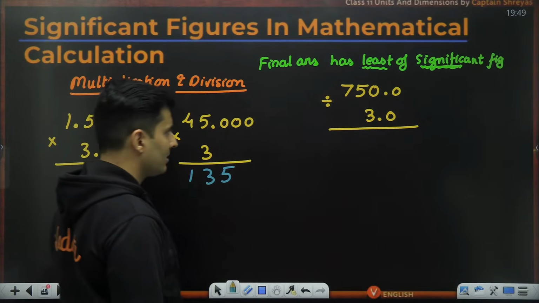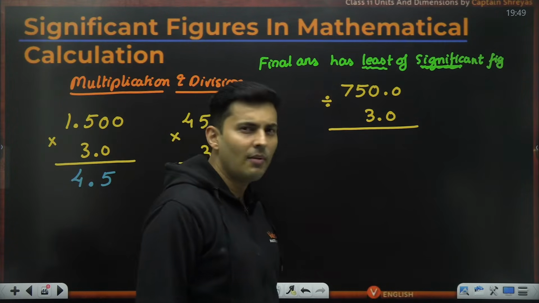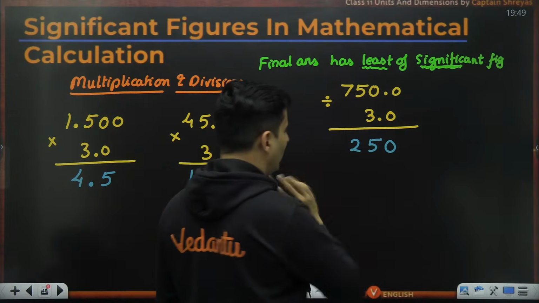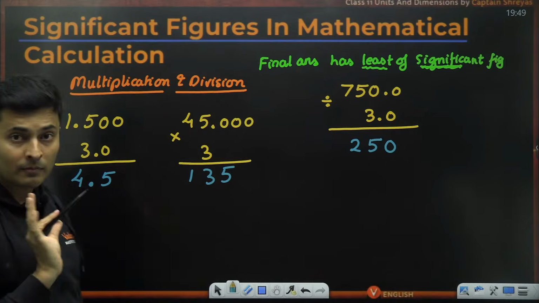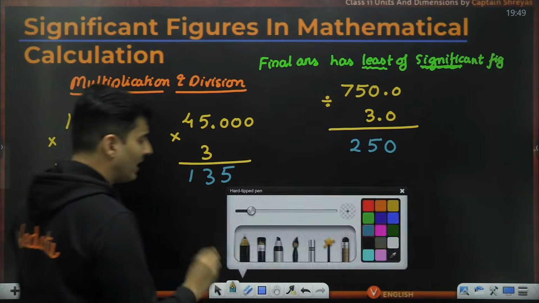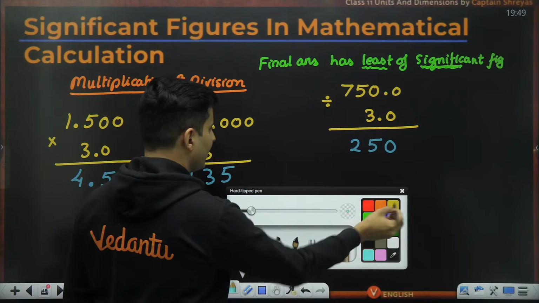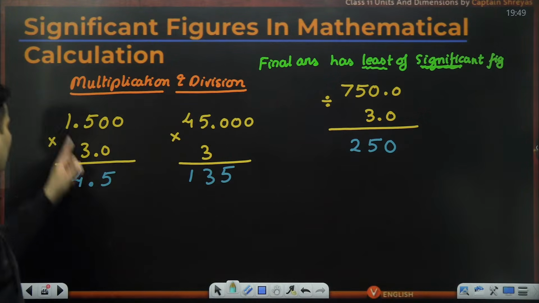Just leave it as it is. 750 divided by 3 is going to be 250 numerically, but these are not the final answers, mind it. These are just value-based multiplications or divisions. Now count the significant figures in each one. 1, 5, these zeros are significant.